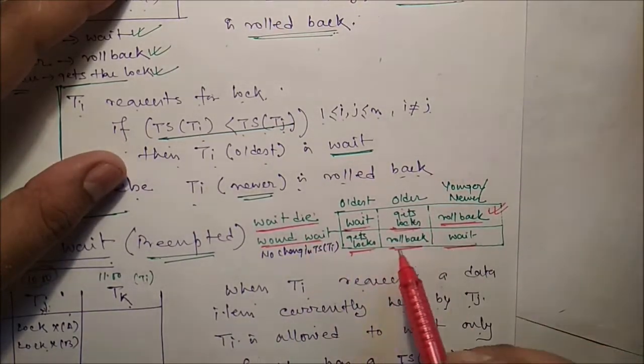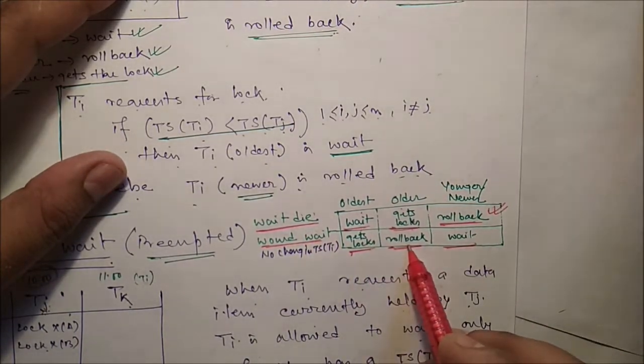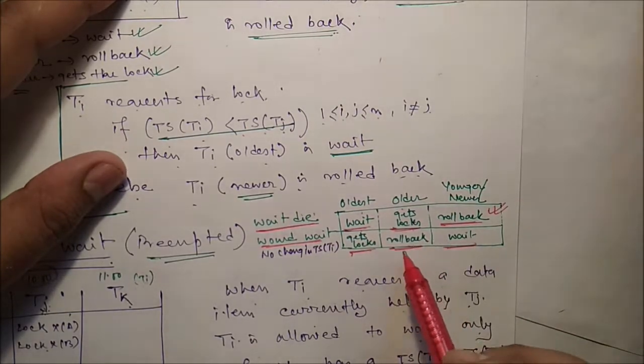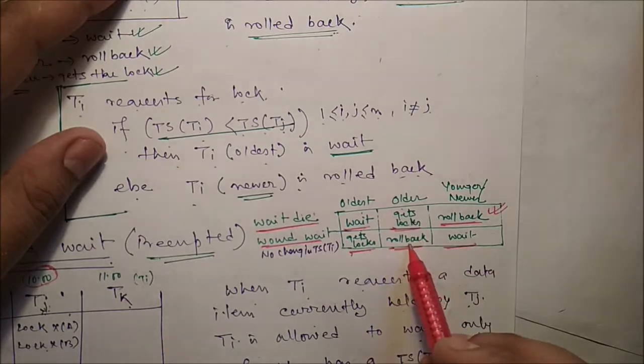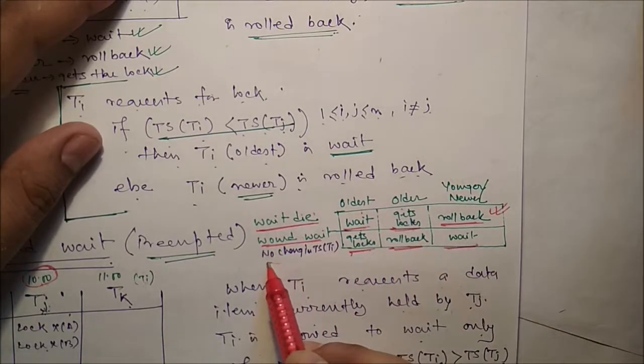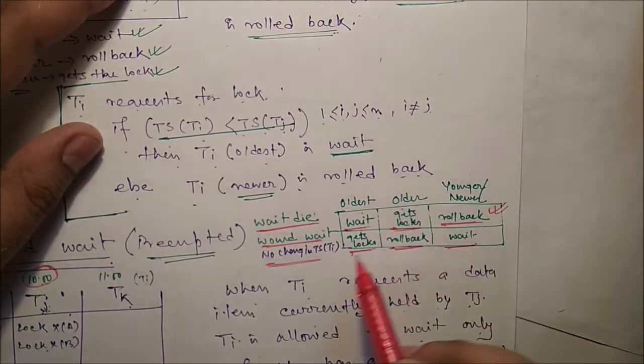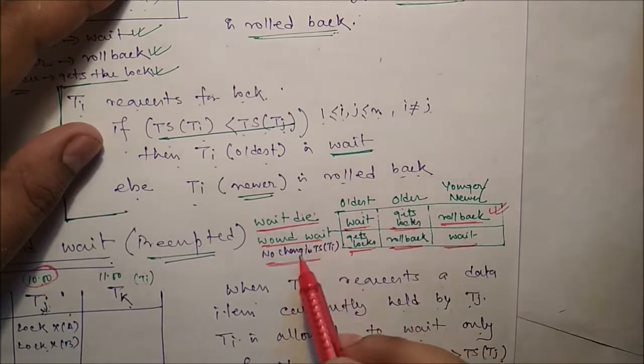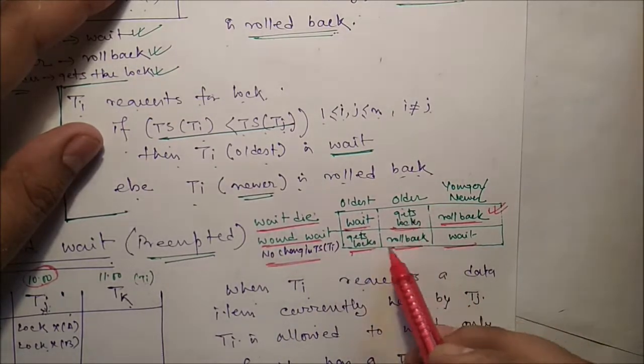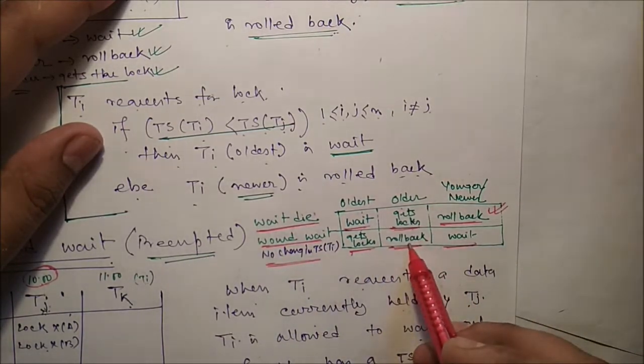Now in this case also, oldest, older, and younger, newer. Here the older should roll back, but the timestamp is not changed. That means when this transaction enters the system a second time with the old timestamp, it will be the oldest.